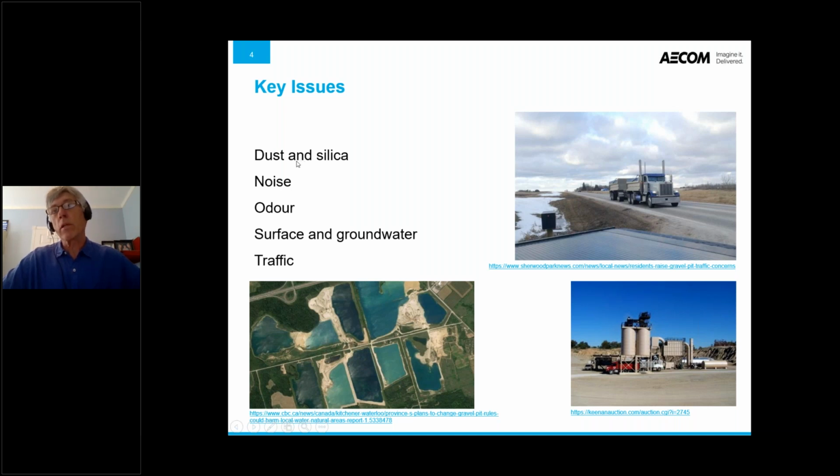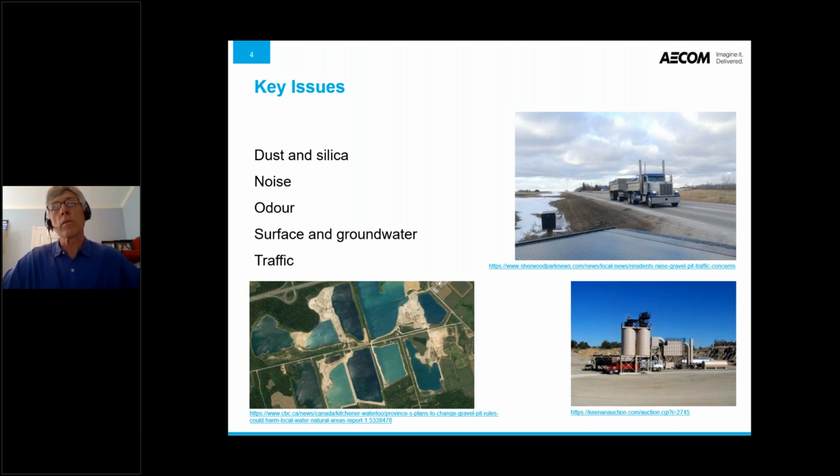And if haul vehicles are actually used in the pit itself, of course, they are typically the highest source of dust within the operations. So associated with the dust, one can also have silica issues, odor issues, perhaps if there's a great deal of diesel emission, or if we have asphalt plants that are associated with the pit as well.